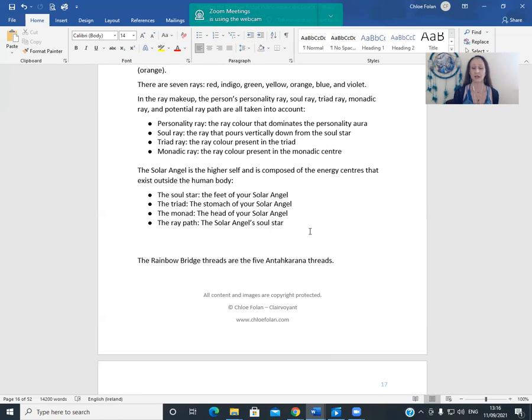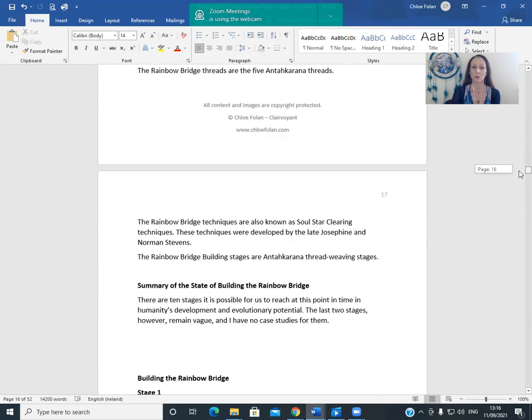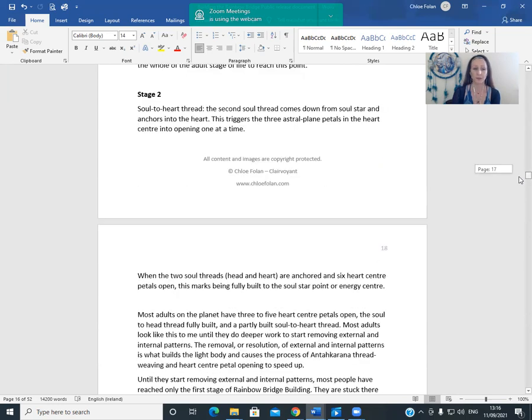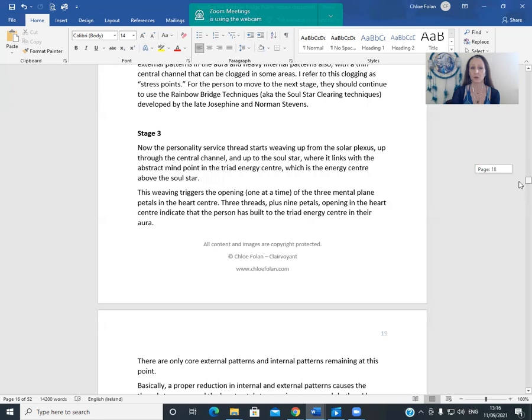Fully built to your soul star is 6 petals open in the heart center, first portion of the consciousness thread, and first portion of the life thread anchored, which means you've infused, you've integrated just the feet of your higher self into matter. Once that has been accomplished, and if rainbow bridge work continues to be done, that then will enforce stage 3 of rainbow bridge building.